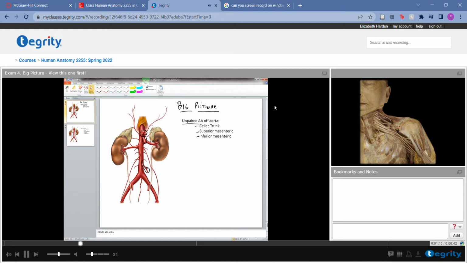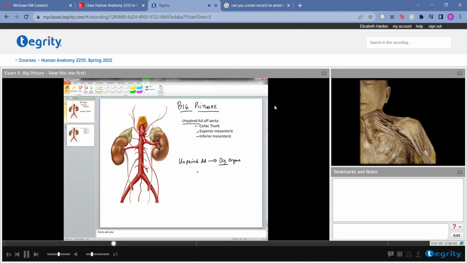Why is that important? Well, because the veins that drain those organs supplied by those arteries go back a different pathway than the veins that drain organs supplied by paired structures. So let's just talk in general first about what the unpaired arteries are going to actually supply. Unpaired arteries are essentially going to be supplying digestive organs, and anything that has to do with digestion is going to be supplied by that.